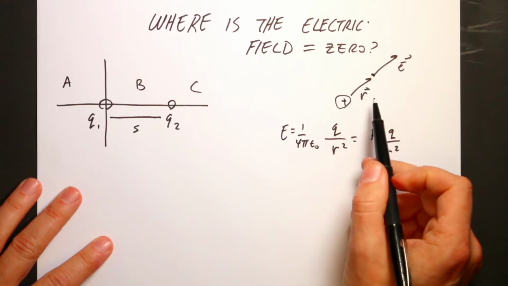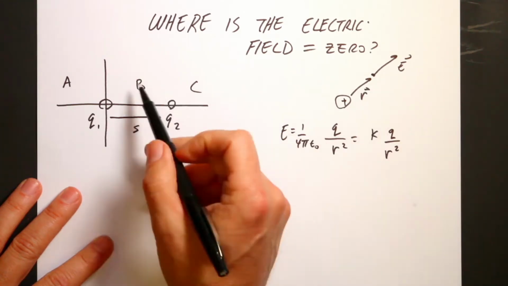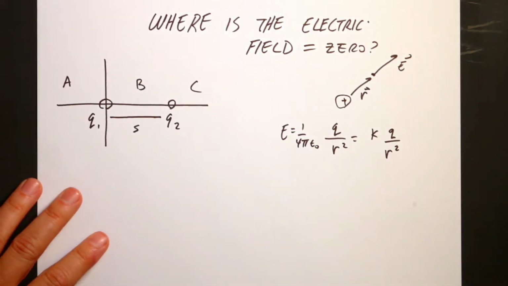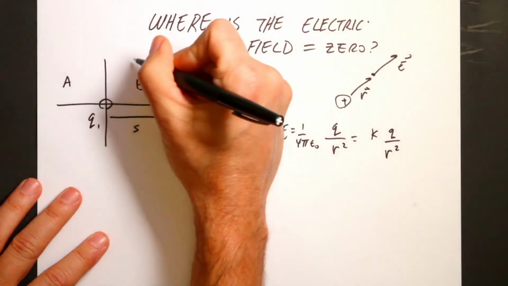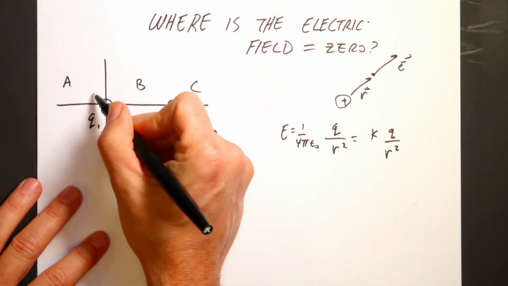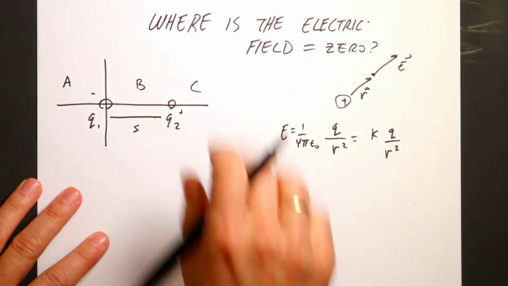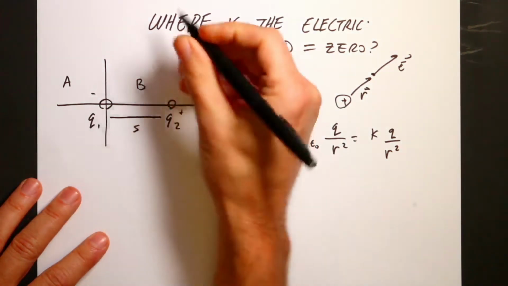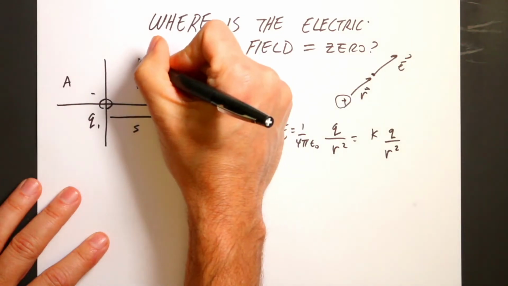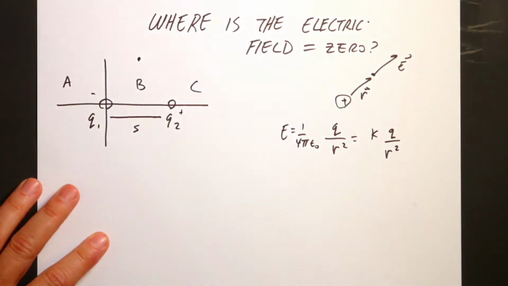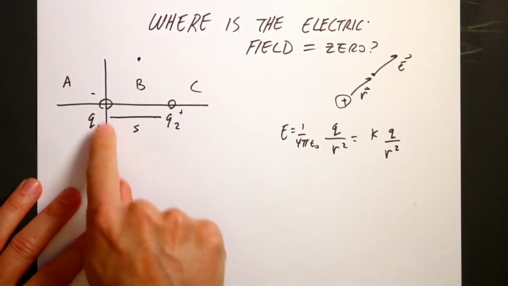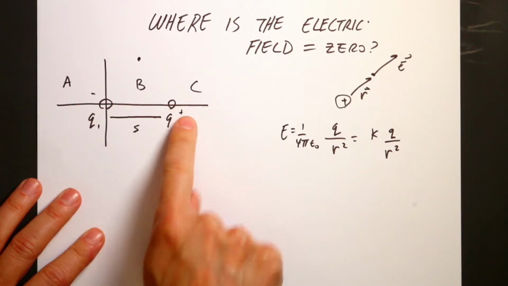E is a vector. So if we look over here, let's just pick some arbitrary location, right here. And let's say this is a negative charge, and this is a positive one. We'll deal with that later. Right here, I want to find the electric field. The electric field at that location is the sum of the electric field due to Q1 plus the electric field due to Q2.